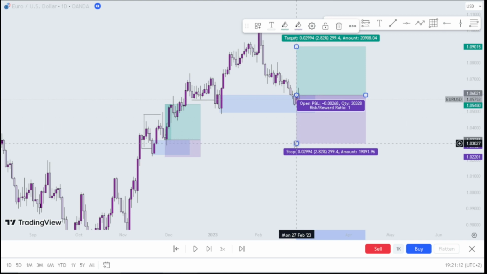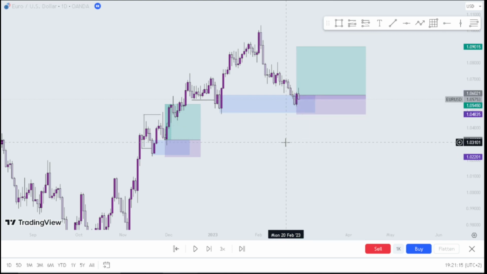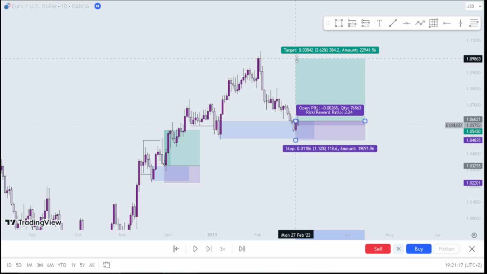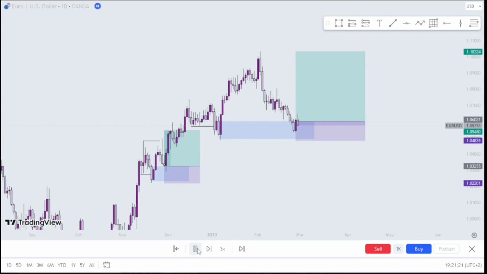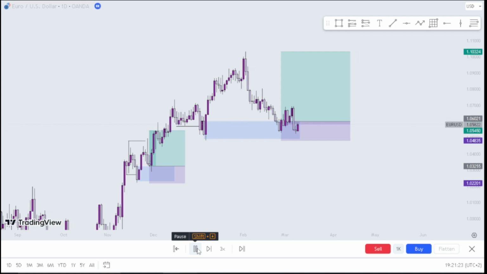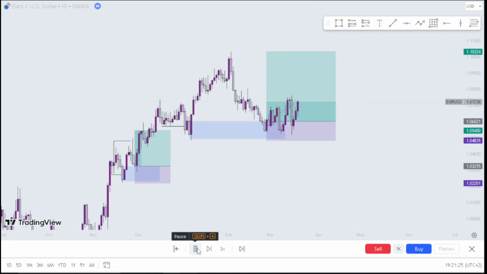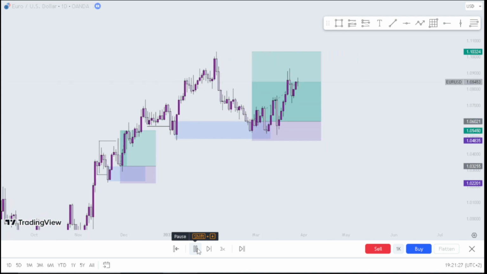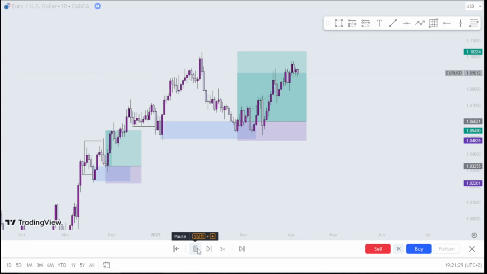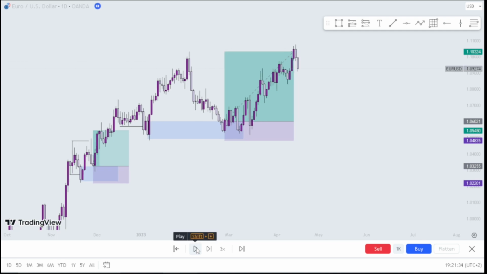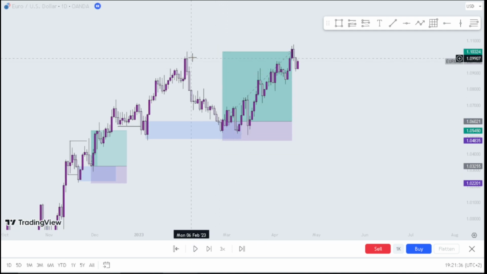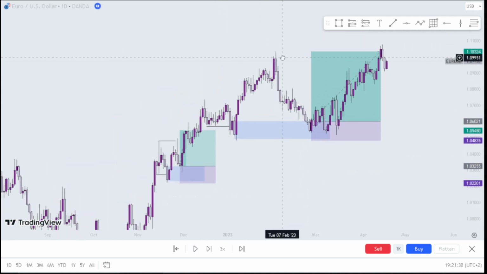So our stop loss would be just behind, and our target the top of the range. Let's see. Ooh, almost got stopped out. The market went up and hit our target. So that sums it up for how we use order blocks, what they are.